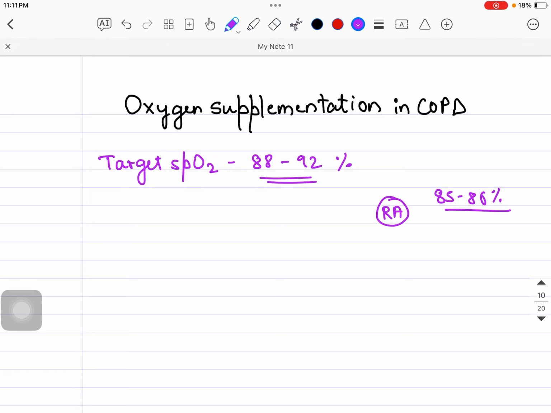By the way, when do we give oxygen to the COPD patient? We give oxygen to the COPD patient when the saturation is below 88. In those scenarios we give it, otherwise 88 to 92% is the permissible oxygen saturation of COPD patients. So if the patient has 91-92% oxygen saturation, do not give them oxygen, as it is not useful for them.